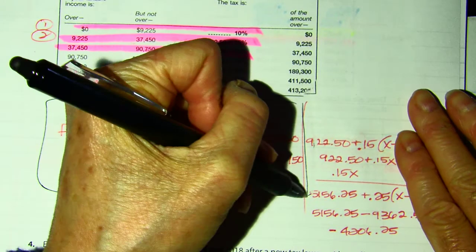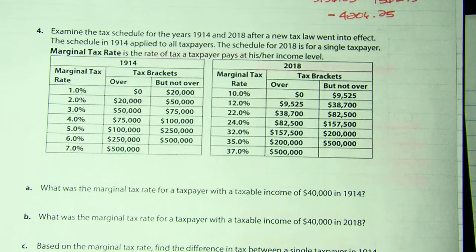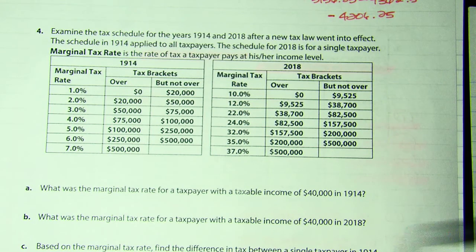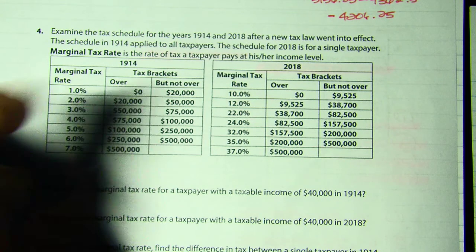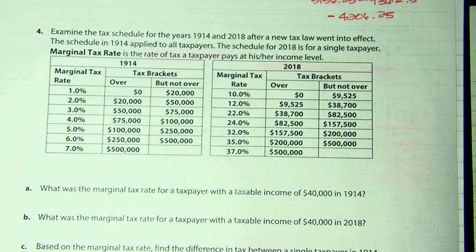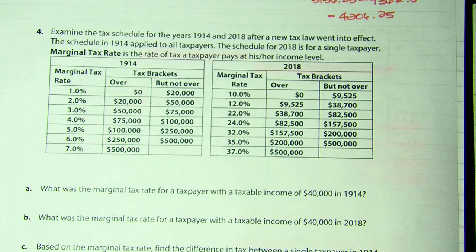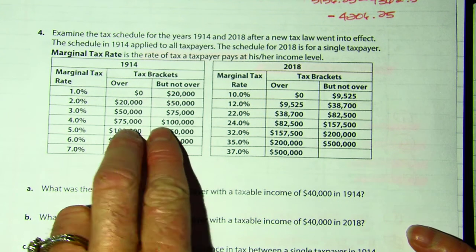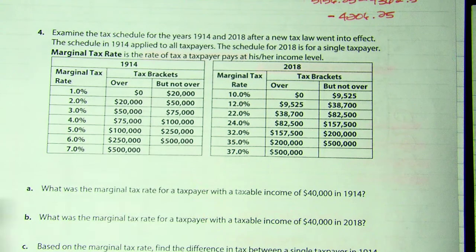I'm actually going to fix that. So number 4 gives us a marginal tax rate for our income levels, and it compares 1914 to 2018. For example, if I said I'm in the 4% tax bracket, that means I make between $75,000 and $100,000.